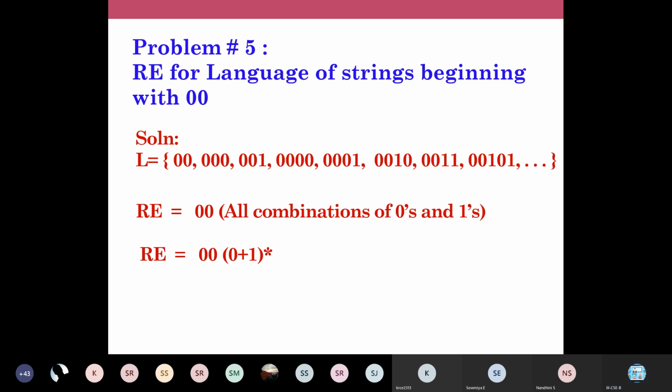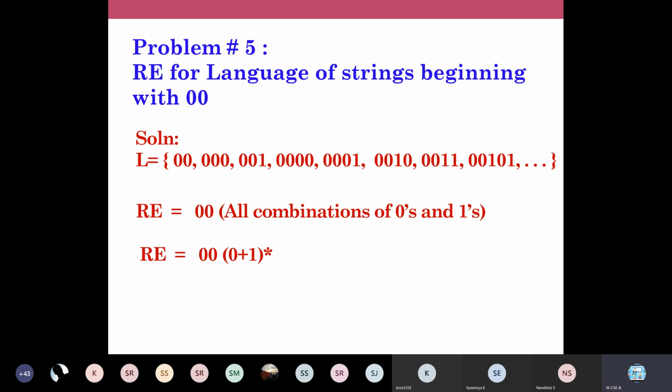Similarly here, we have concatenated these 2 zeros with the parenthesis, open bracket 0 plus 1 the whole star. So this will be your answer for this question: the regular expression for the language of strings beginning with 0, 0 is 0, 0 followed by 0 plus 1 the whole star. Similarly, if your zeros are replaced with A, B or some other symbols, you must be able to apply the same logic.